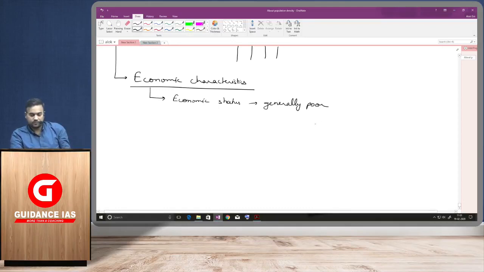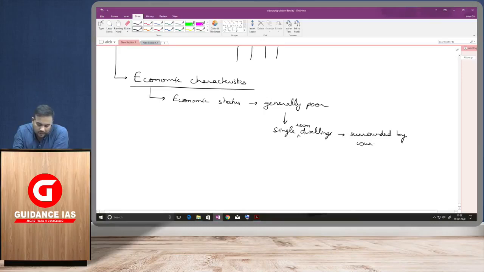It is generally poor. As a result of which you will be finding the majority of the houses would be what? These would be single dwellings. Single room dwellings would be very common, which would be surrounded by courtyard. It would be more common.